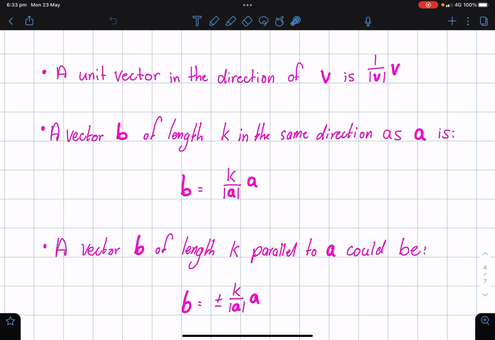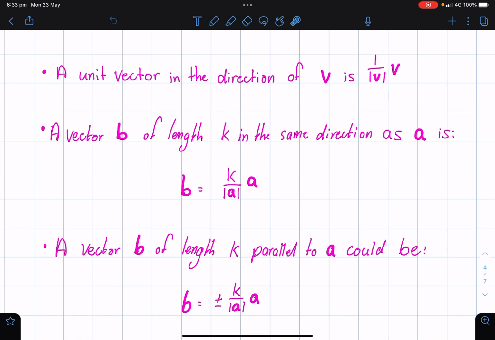A vector b of length k in the same direction as vector a is k times, or k divided by the length of vector a, multiplied by vector a. Have a look at the similarities between these two equations. Remember, unit means length of 1. We're told that vector b has a length of k, so we're just multiplying this whole thing by k.